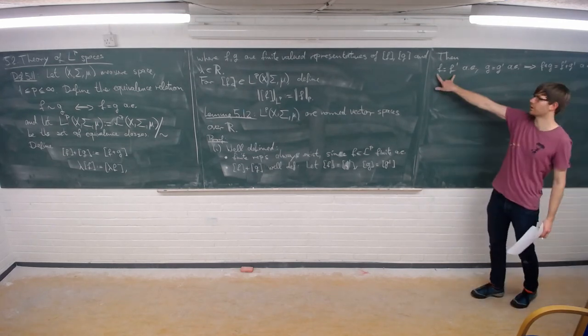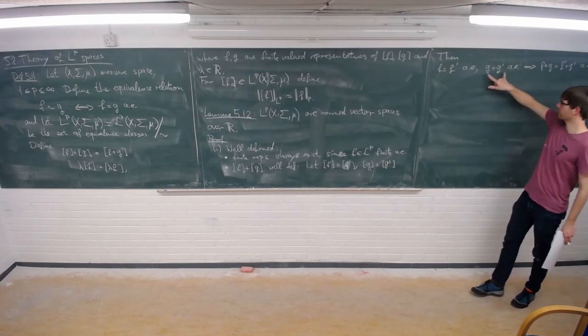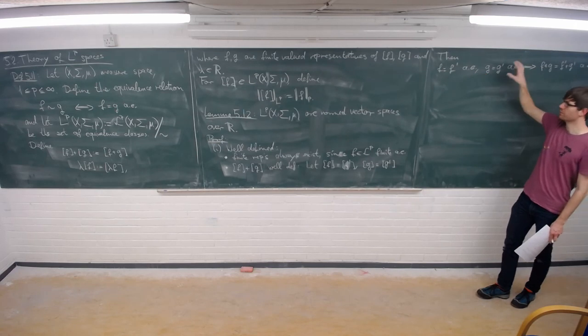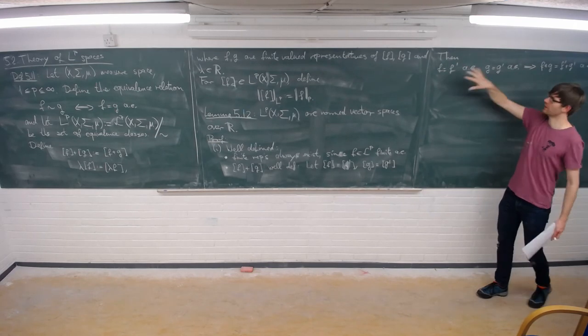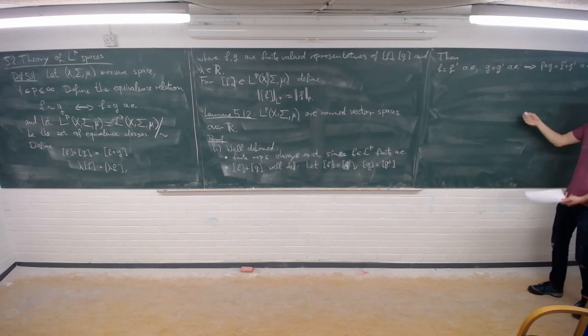Right? Because the set where these are not equal is a null set, and the set where these are not equal is also a null set. So if I remove the union of these two null sets, then the sums are going to be equal on the complement of this union, which is still almost everywhere, because the union of two null sets is a null set.